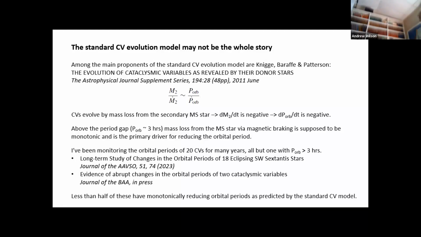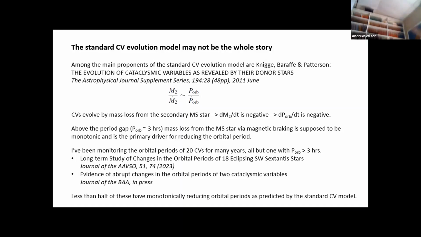Now, clearly that involves a loss of mass from the secondary star, and implies that if dM2/dt is negative, the period change will also be negative. The model says that the mass of these stars will gradually reduce due to a process called magnetic braking and the loss of angular momentum.